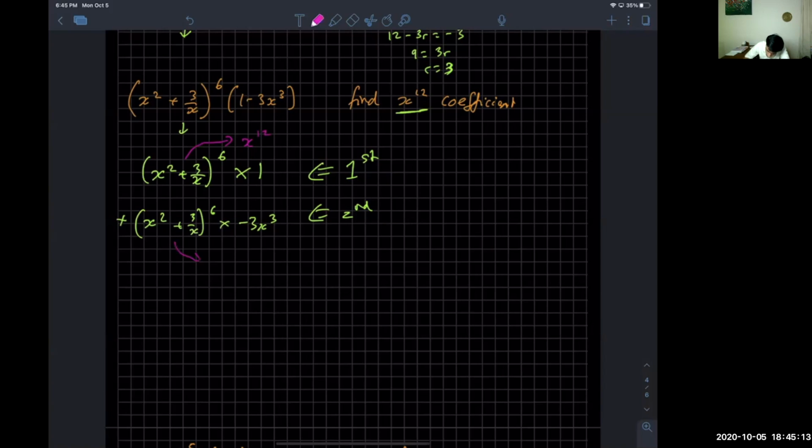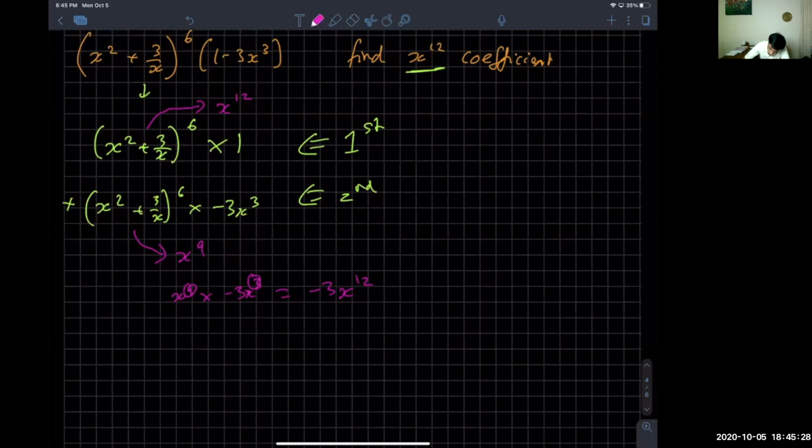And in this, you want the coefficient of x to the power 9. Why? Because x to the power 9 times negative 3x cubed becomes negative 3x to the power 12. You add these two powers here, and so that's why you are looking for x to the power 9 in this expansion.